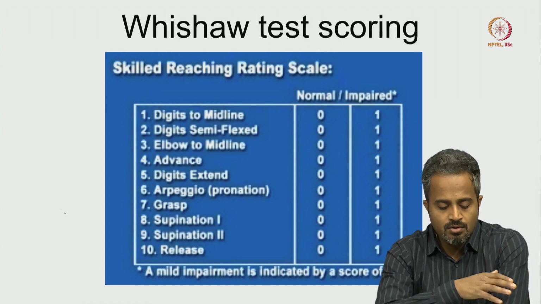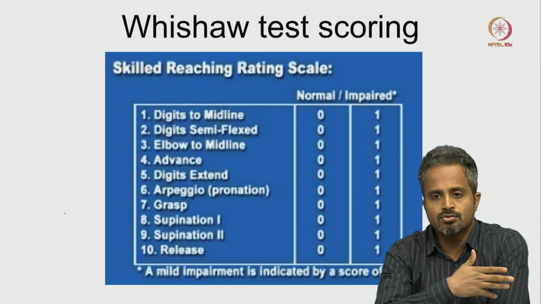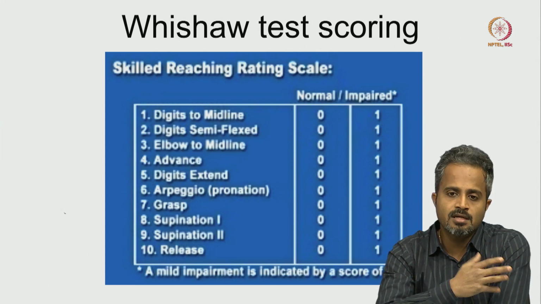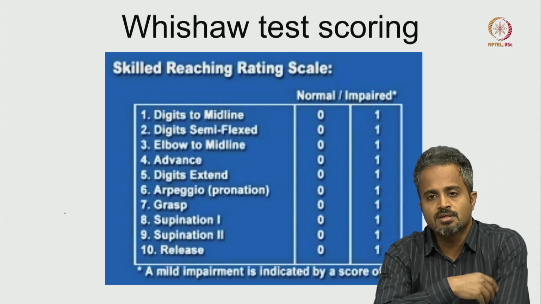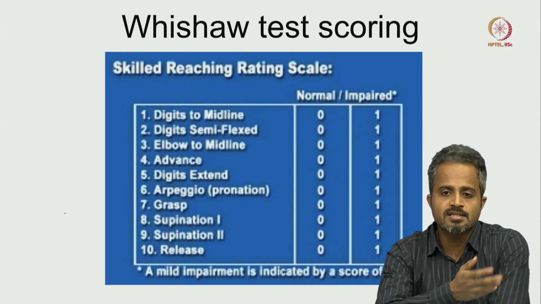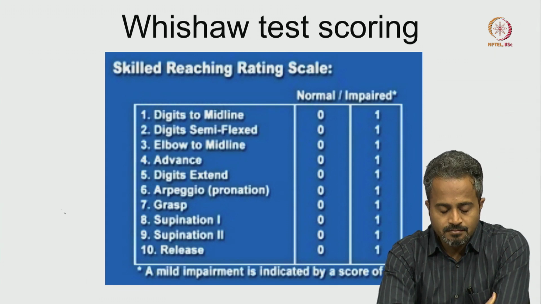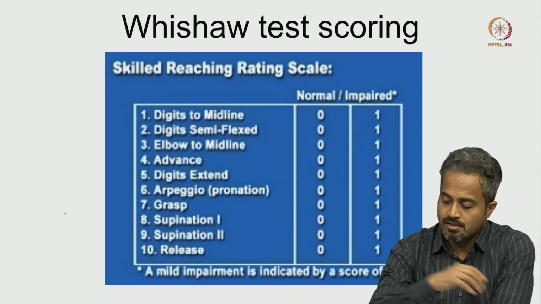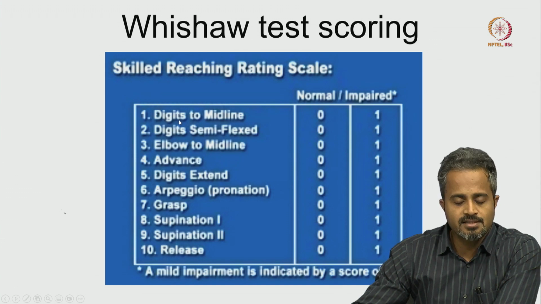If there were no these 10 steps, you would say that okay, the rat is able to grab the pellet and feed itself, then you would consider that behavior as normal, and you would be wasting a very precious subject.